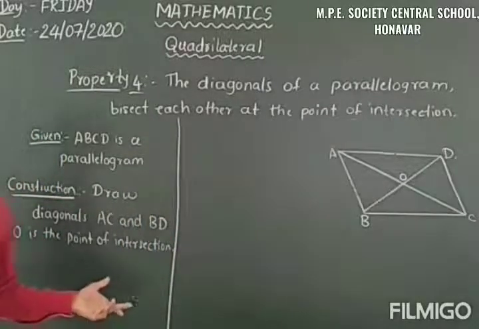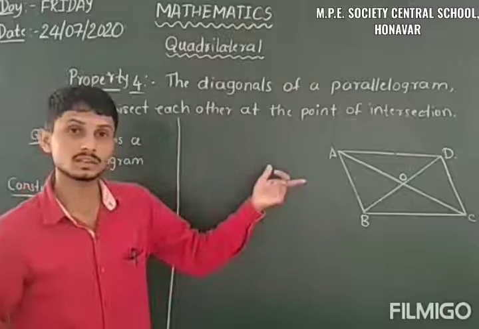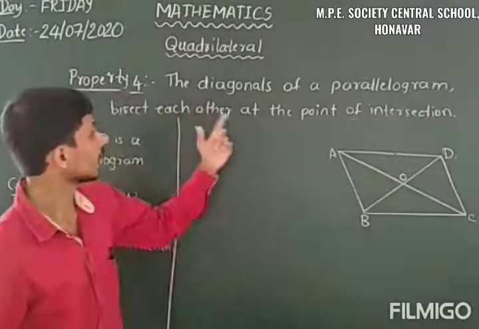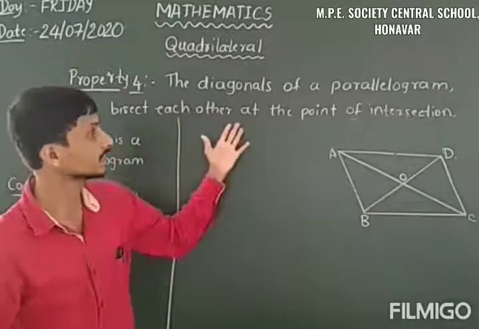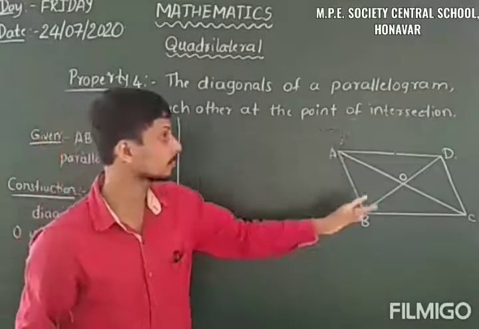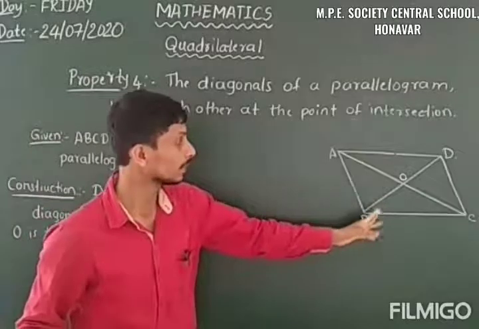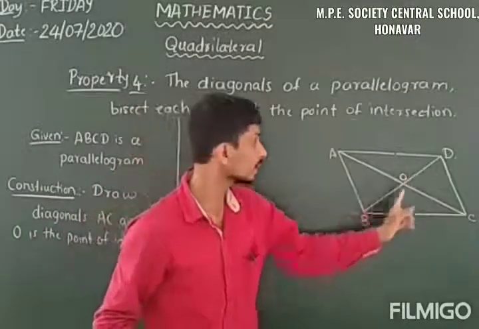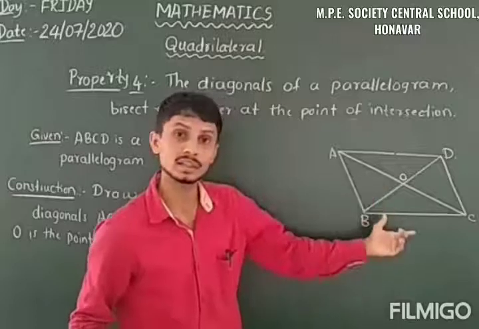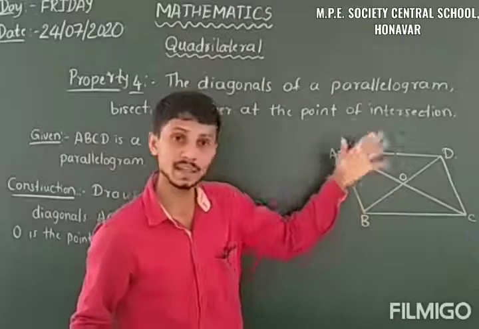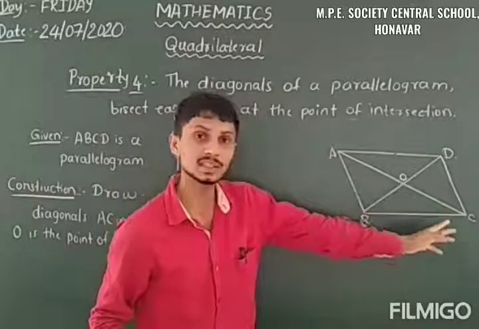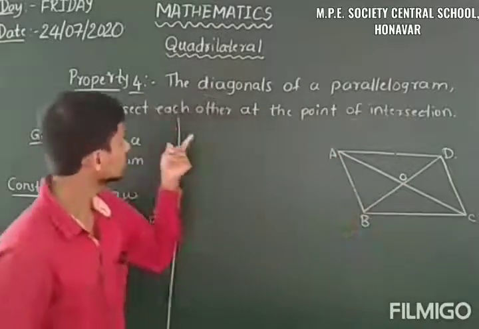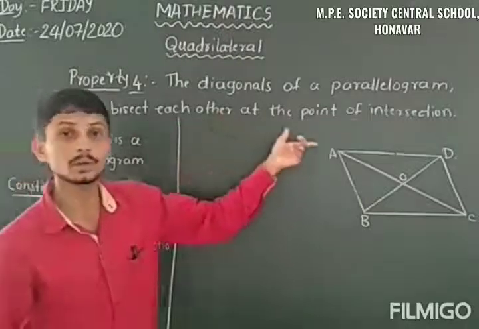Then what do we have to prove? Here the diagonals of a parallelogram bisect each other at the point of intersection. Here BD is not equal to AC. BD is the intersecting line for AC, and AC is the intersecting line for BD, so they bisect each other at the point of intersection.